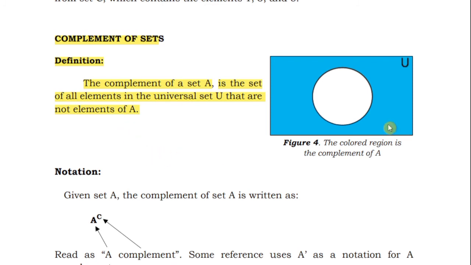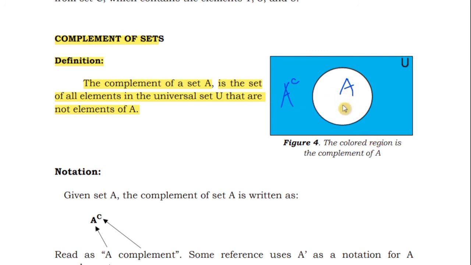Noticing that we have here a given Venn diagram, this is our universal set, and this is our set A. So this is our complement of a set, the outside part of set A, because again, they are not elements of A. As you can see, the shaded portion is the blue one.